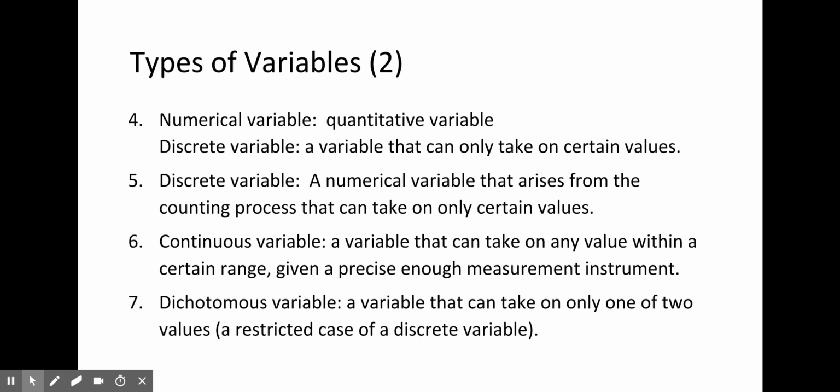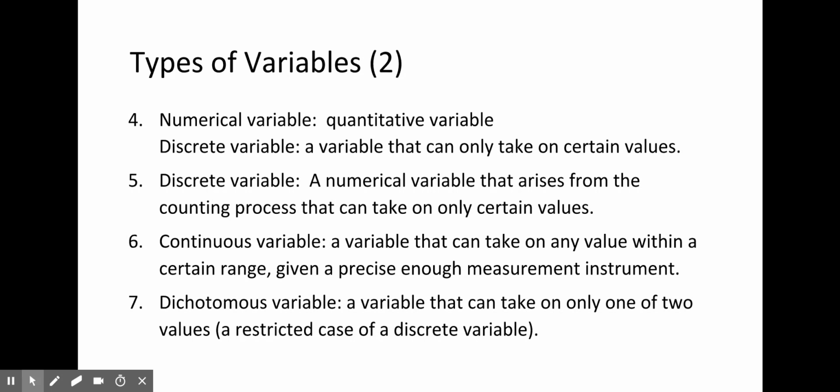Those are vocabulary. With a numerical variable, you can transfer it, and the size of the numbers starts to be meaningful. We call it a quantitative variable. There's also a discrete variable, which has only discrete numbers.